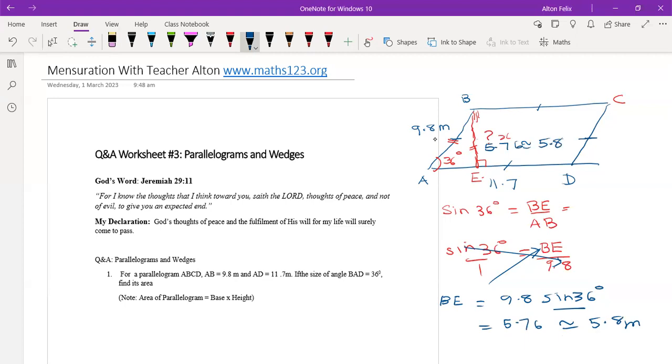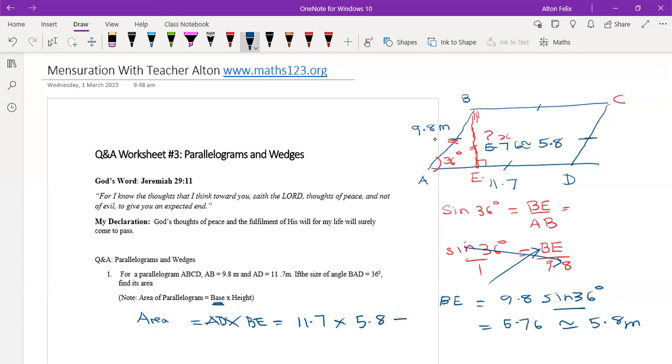All right, and let's see if we can work out our area now. So we just got the height. So the area of this parallelogram based on the formula will be the base, which happens to be AD, multiplied by the perpendicular height, which we just found to be BE. So the area will be 11.7 multiplied by 5.8.